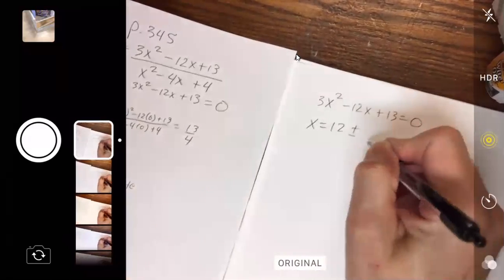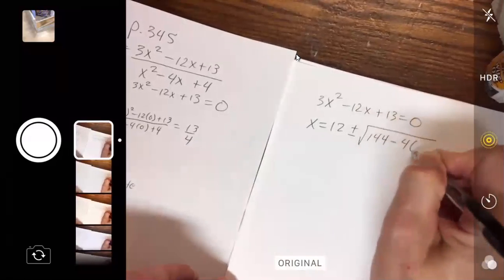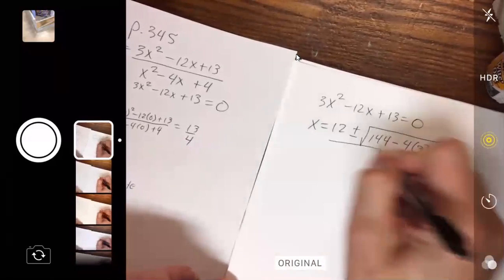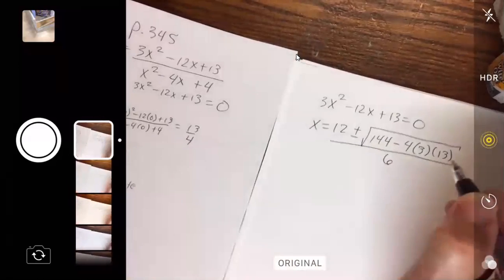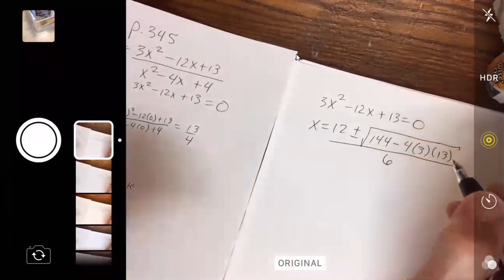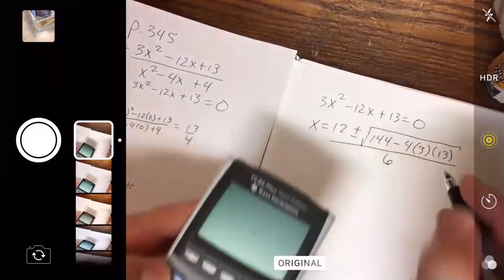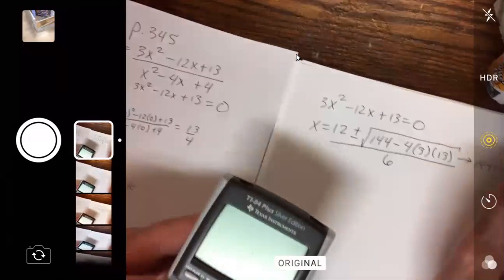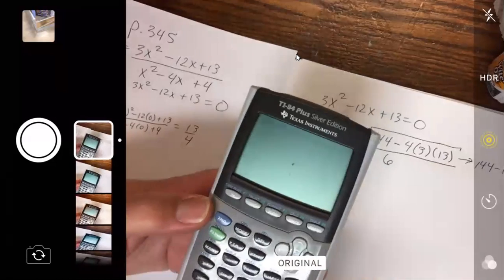12, 144, subtract 4 times 3 times 13, all over 2a, which is 6. Let's see if that root is positive. Basically, I got 144 minus 12 times 13. I don't think it's positive.